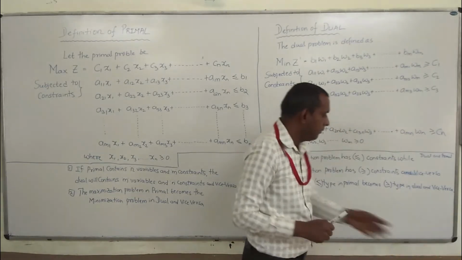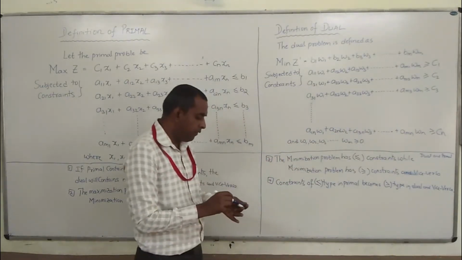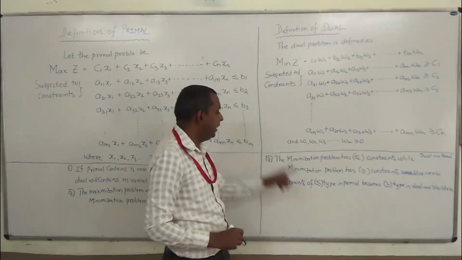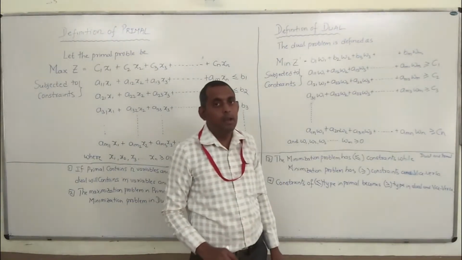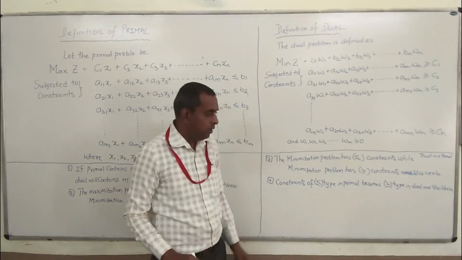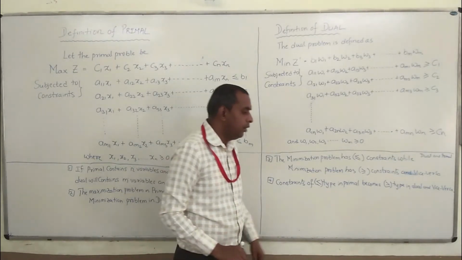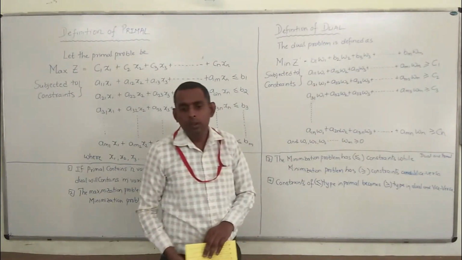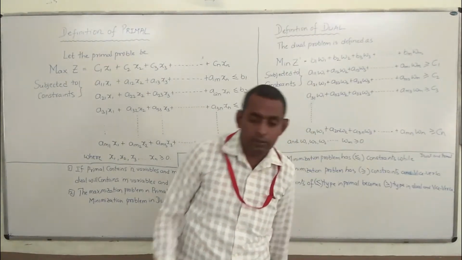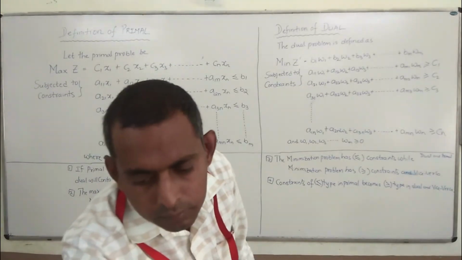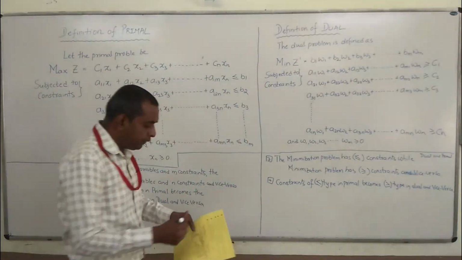If the constraints are of greater than or equal to type, then they become less than or equal to in the dual, and it is vice versa. So these four things, and some more things are there. Let me continue. Fine. I think the fifth one.